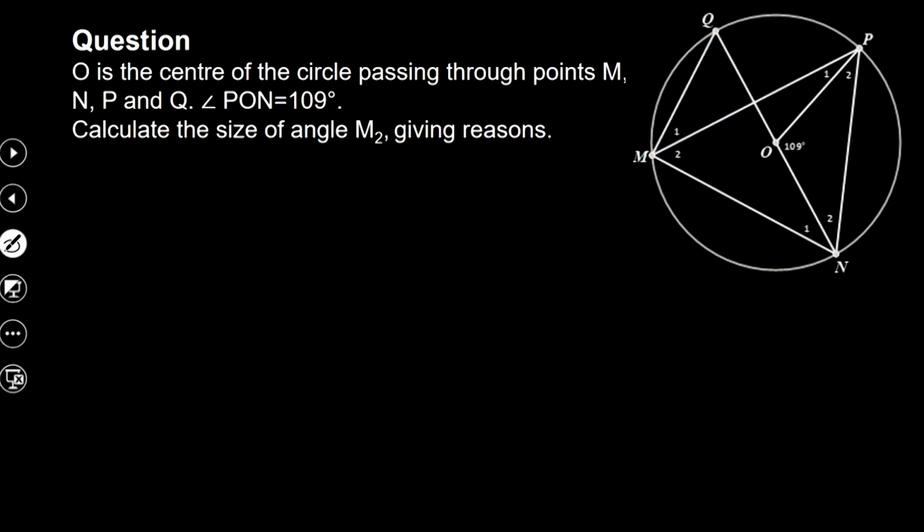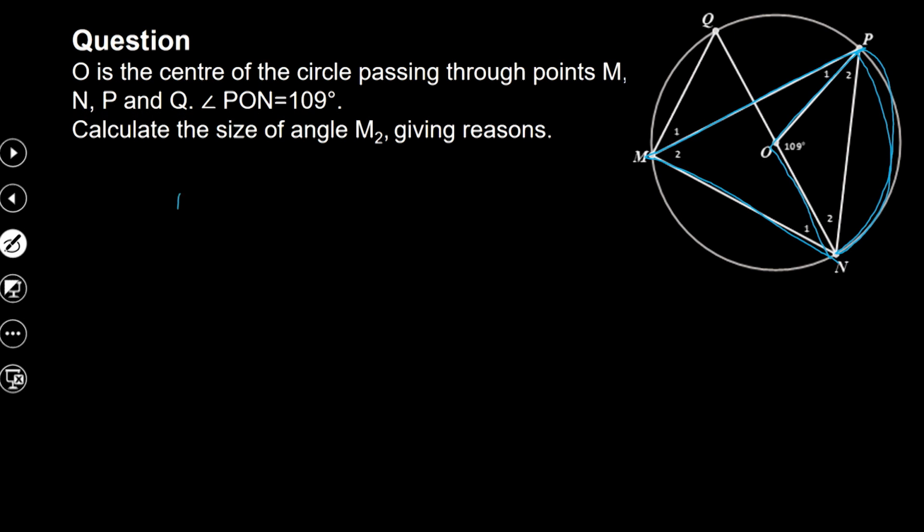And then to find M2, I need a reason for that as well. To find M2, you can see that this arc here subtends that angle at the center. It also subtends that angle on the circumference. Angle at the center and angle at the circumference have a relationship of 1 is to 2, right?